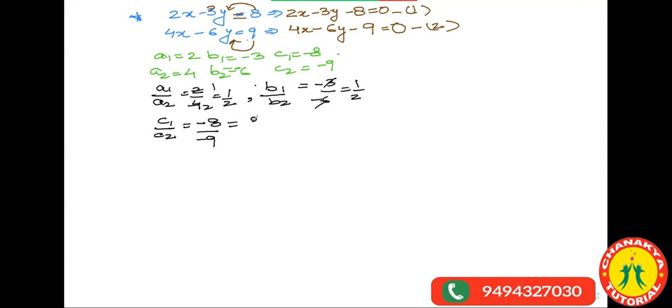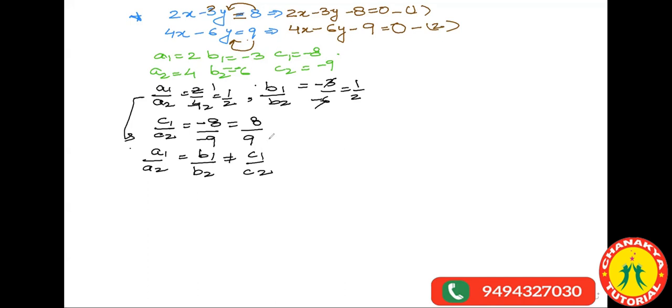So now Aryan, what have you observed from these ratios? Ma'am, a1 by a2 is equal to b1 by b2 and not equal to c1 by c2, right? Yes, ma'am. So is the system consistent or inconsistent?